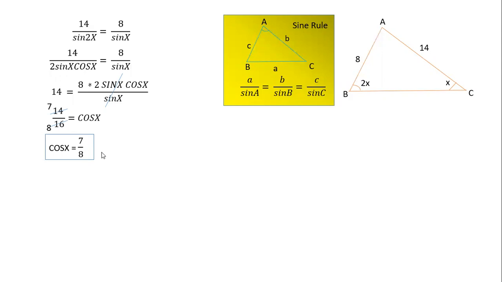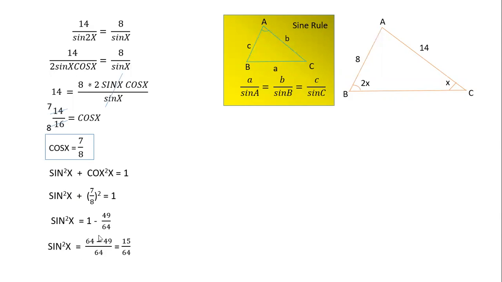Now we will use the basic identity: sine square theta plus cos square theta is equal to 1. So let's put the value of cos. Sine square x plus 7 upon 8 whole square is equal to 1. Square it, we'll get sine square x is 1 minus 49 upon 64.